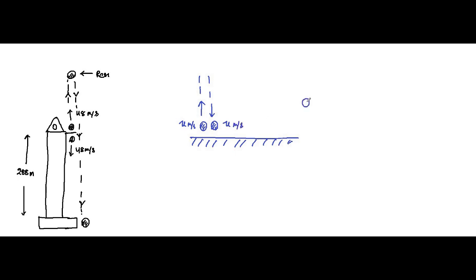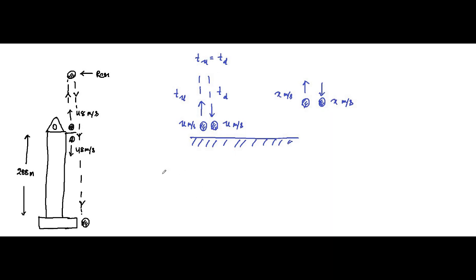If it is thrown upwards with a velocity of x meters per second, it comes down with the same velocity x meters per second, and the time taken for the upward journey is the same as the time taken for the downward journey. Tu is equal to Td.